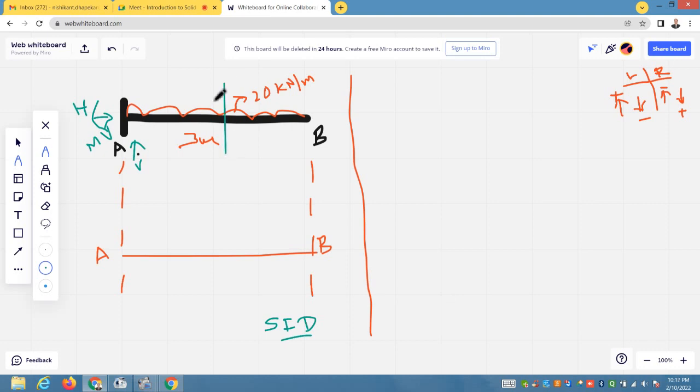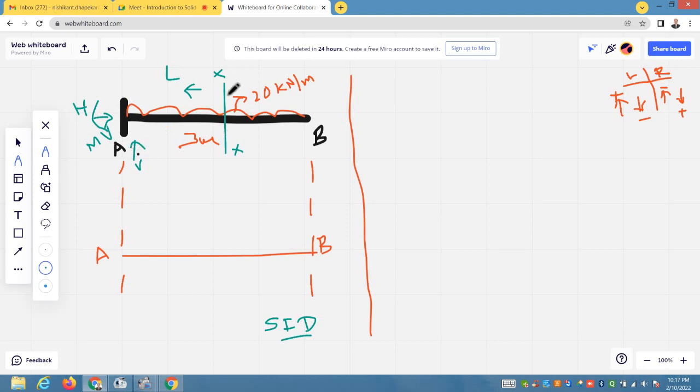Now if I consider this section XX and decide to consider the left side of this section, it will be difficult for me because I will have to calculate all these reactive forces and then plot the shear force.